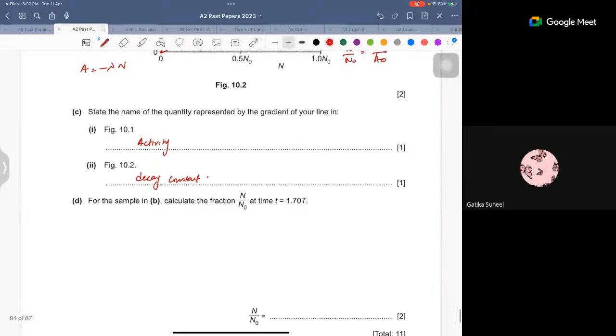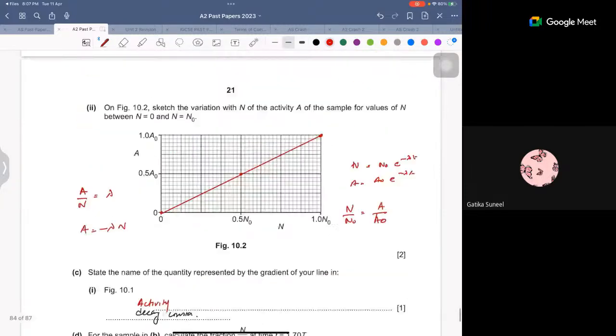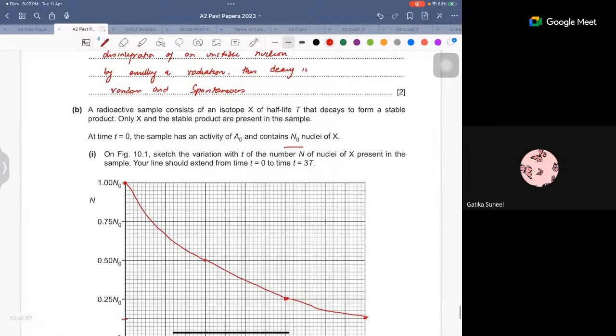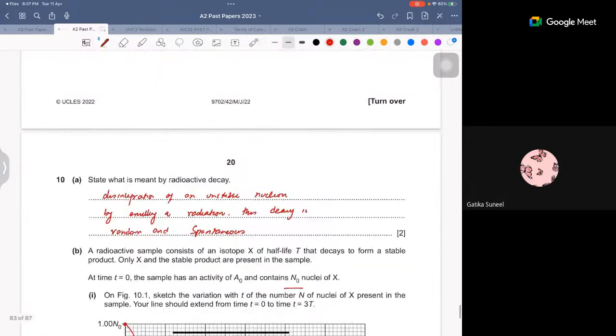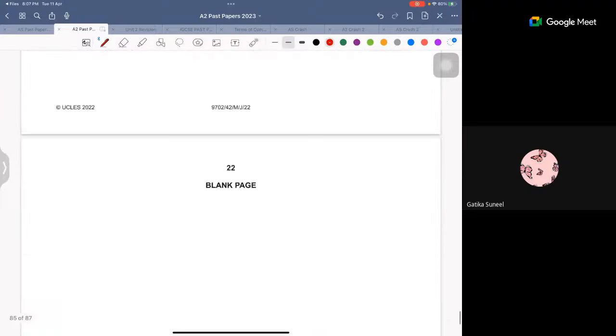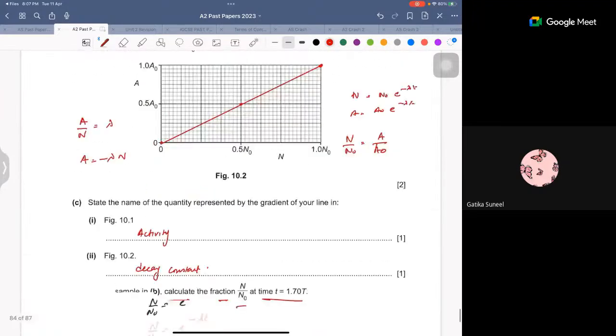Then it says for a sample, at time 1.70 T, calculate the fraction N over N naught. So N over N naught equals e to the minus lambda t. Now the issue is, do we have the lambda? We don't have the lambda, right? This is not fair.